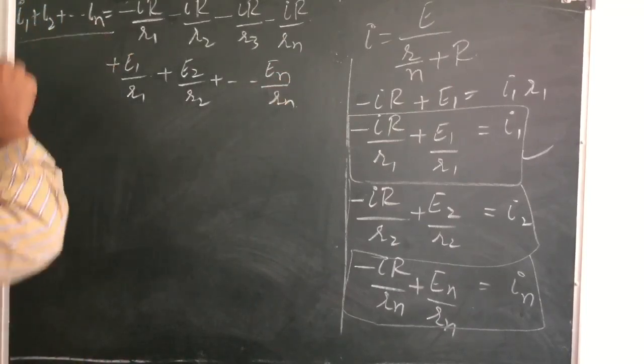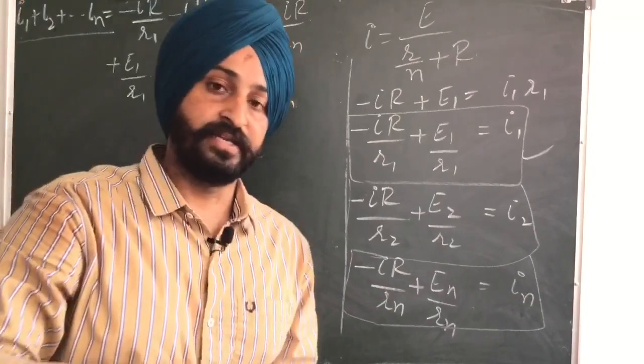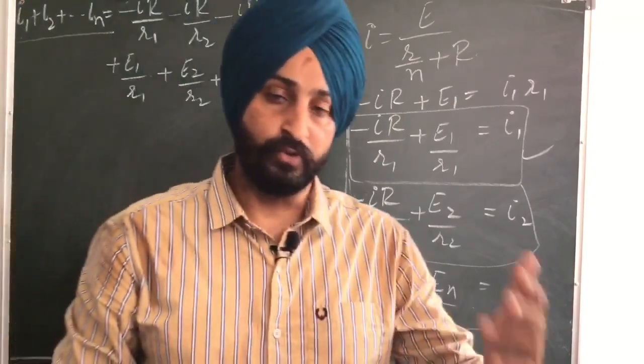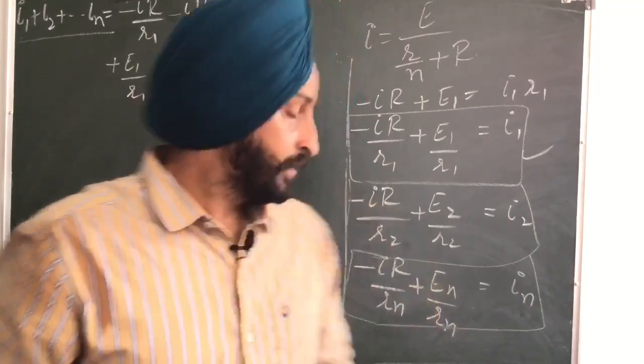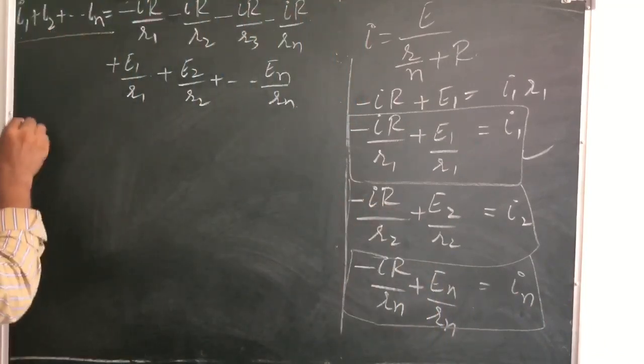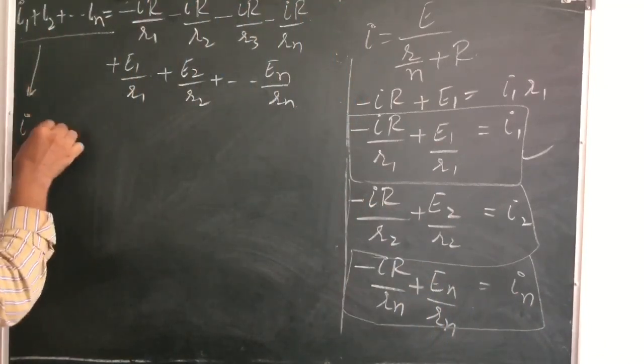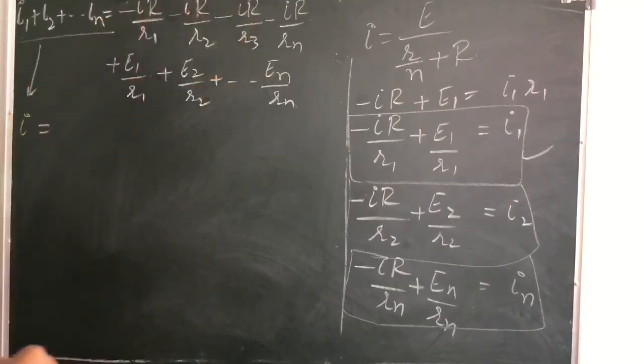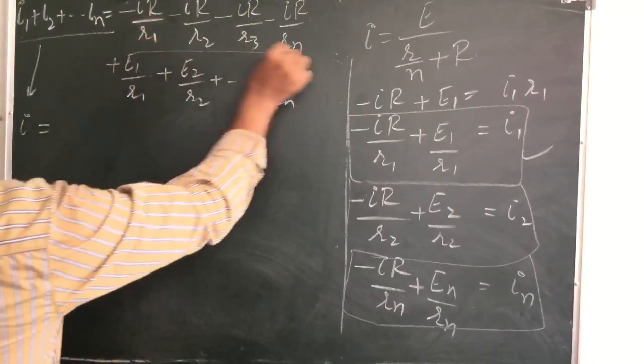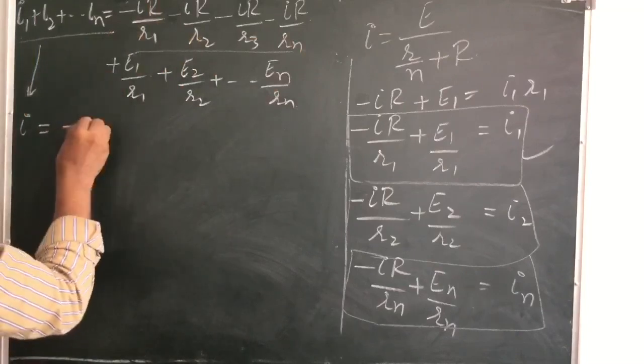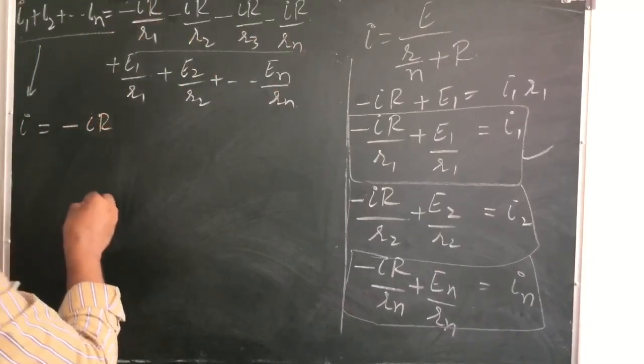So what is total current? Current coming from first cell is I1, coming from second cell is I2 up to In. So total current is I. So I will be replacing this value by I. So total current is equal to summation of this all. Now from these values I can keep minus IR common. So what I will be left with?